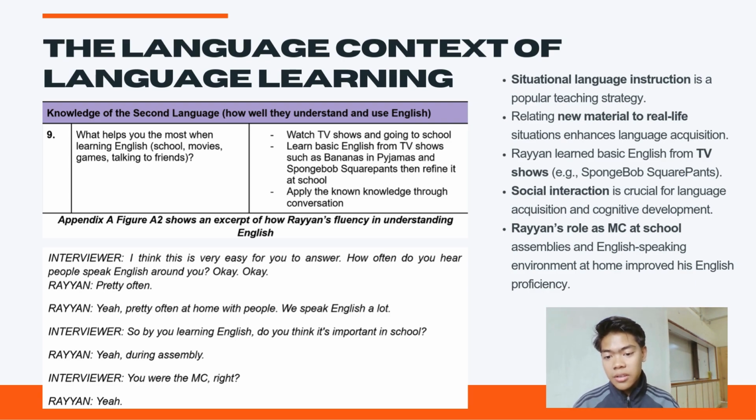So with the knowledge that he has from learning it at home, he will refine it at school. So practicing his language skills in class and using them in conversation shows how tying what he learned in the classroom to real world situations improves his ability to understand and use the language.